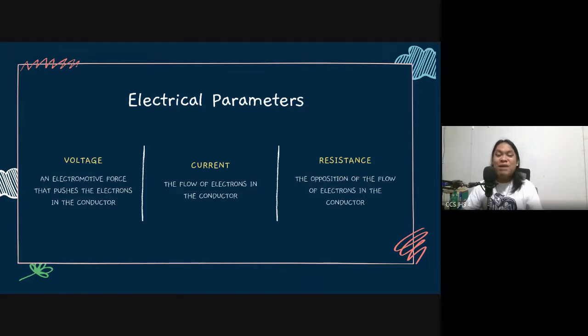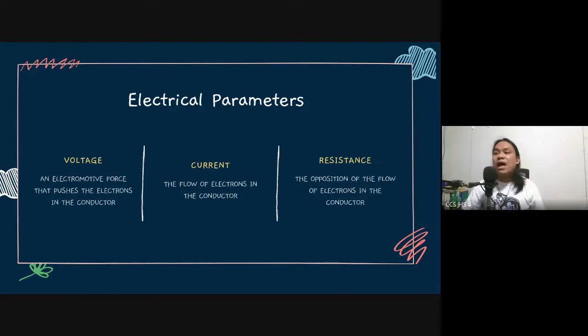The voltage is the one that pushes, or the force that allows our electrons to move along our conductor. If voltage is not present, our electrons won't be able to move from the source going to our conductor and powering up our appliances or any gadgets that you connect to our circuit. Okay, so that is voltage.